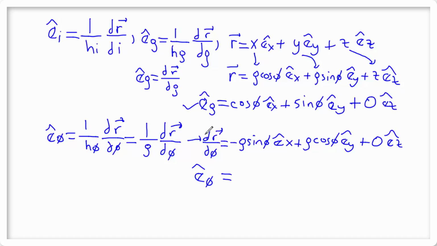Okay, then we'll simplify each by rho. Here if I multiply by 1 over rho, the rho's will go, and it will not affect here because it is 0. Then can we find e phi like this? Minus sine phi ex plus cos phi ey plus 0 ez.